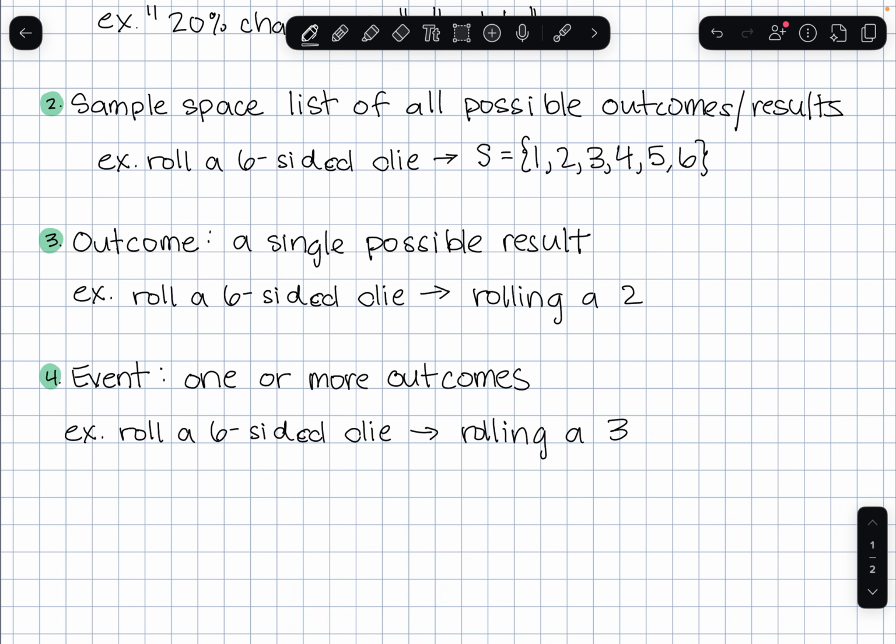That's a single outcome. That's an event. We could have rolling an even number. That's multiple outcomes. If I go back to my sample space, 2, 4, and 6 are even numbers, so this represents 3 outcomes.